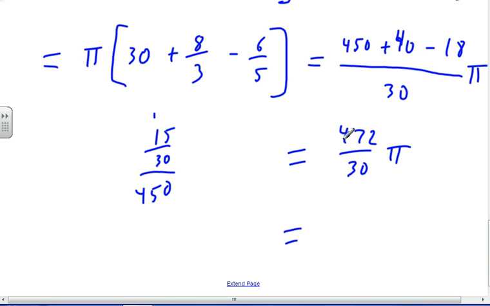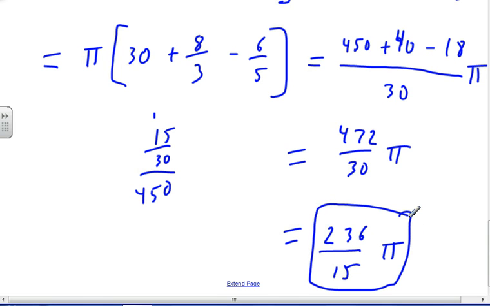Does 3 go into there? No. 5 doesn't go into there. But 2 does. So 236 over 15 pi. And that's what I have. Again, I'm doing it without a calculator, which is not a professional thing to be doing.